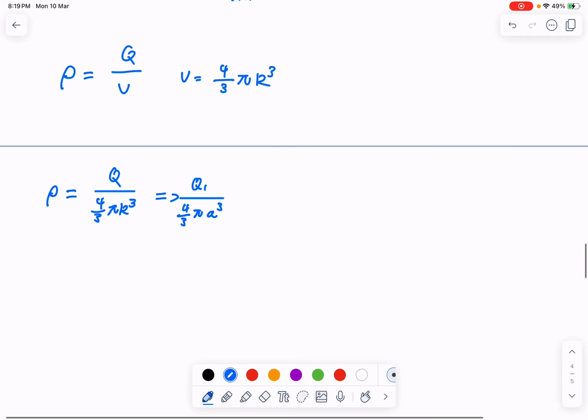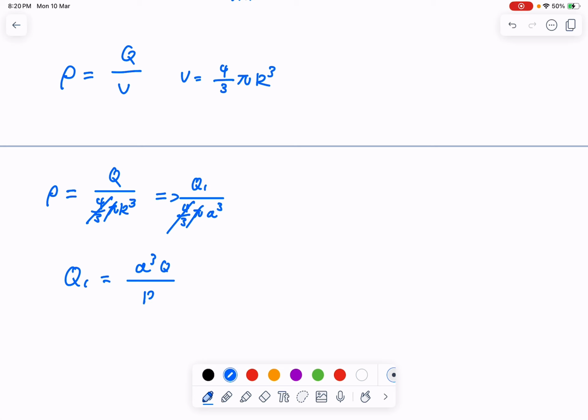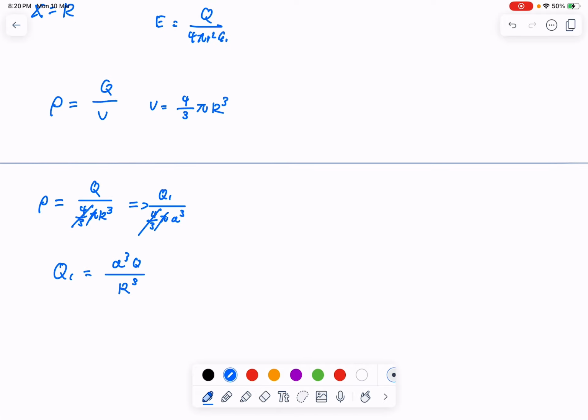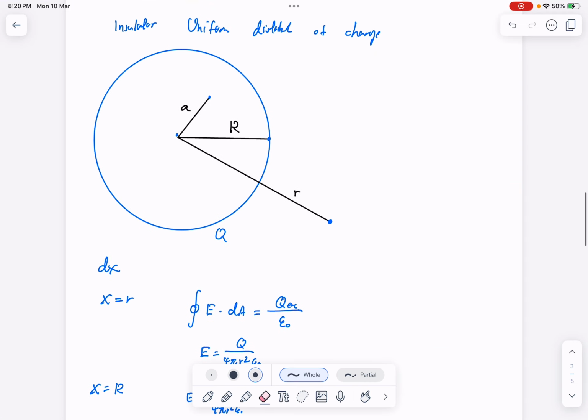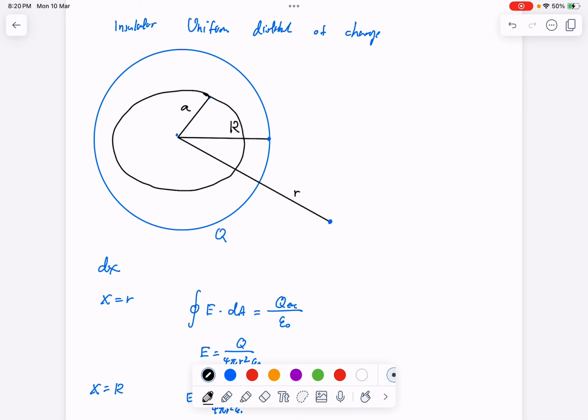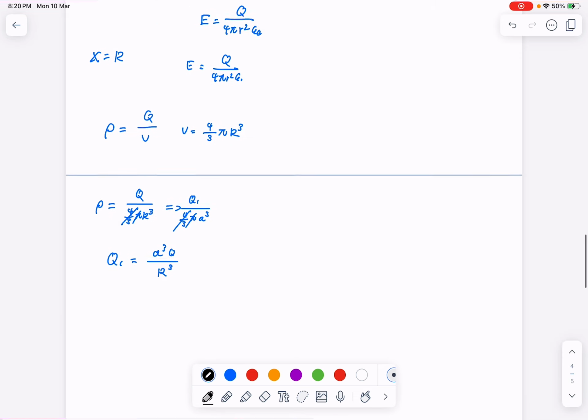And of course we could eliminate these, and we get rho, and that means we get Q1 equals A to the third Q divided by R cubed. This is the charge we have, and we could continue with a Gaussian. We just found the amount of charge within this circle, and we could do Gauss law again.